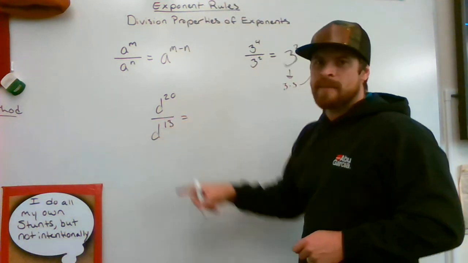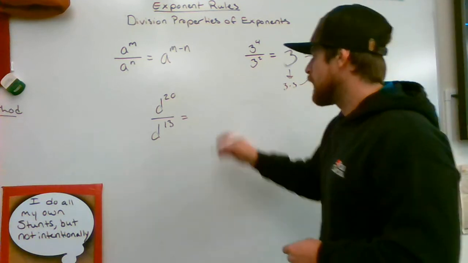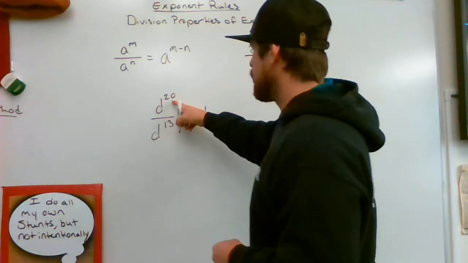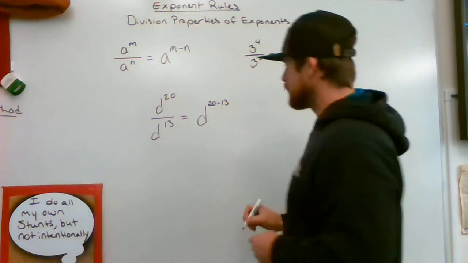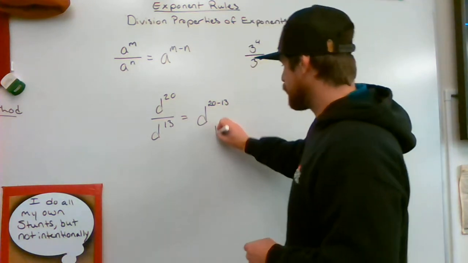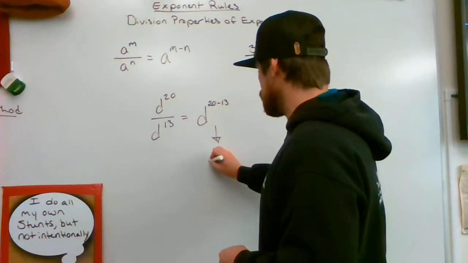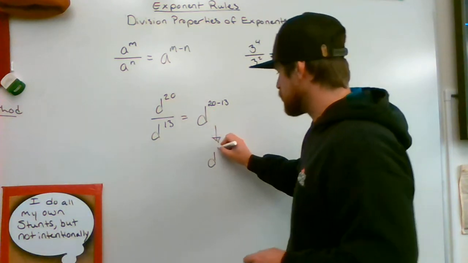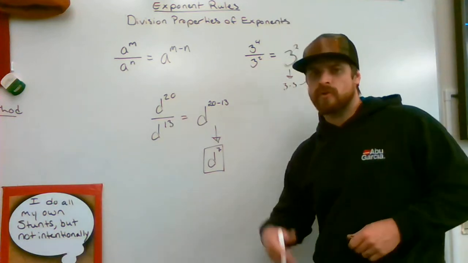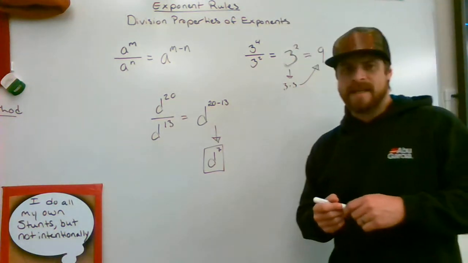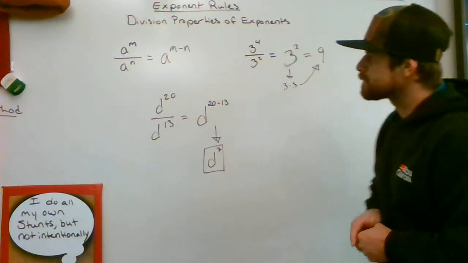Base is the same. I have a d for both. I'm going to write down d to the, and I'm just going to take 20 minus 13. So my most simplified answer here is d to the 20 minus 13, which is 7. D to the 7th power is the most simplified that I can get this term.